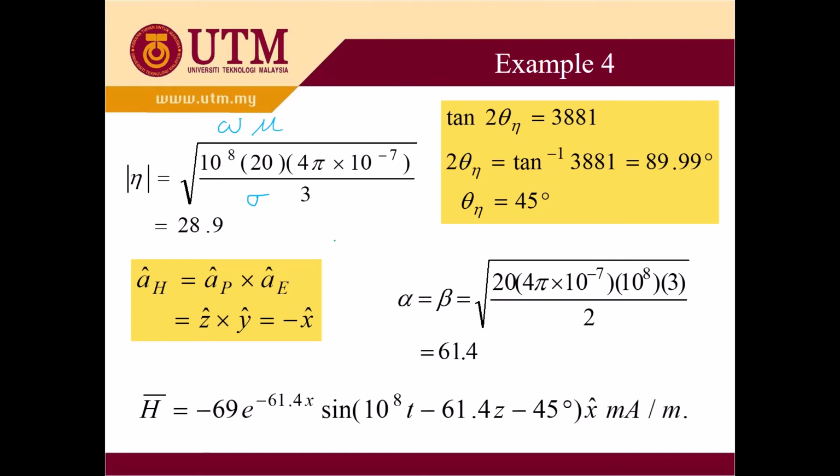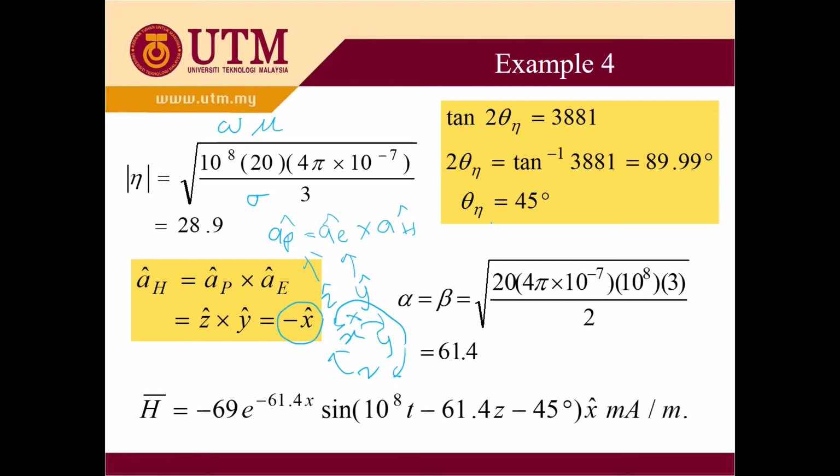And the direction of propagation here is basically aP equal to aE cross aH. We know that E is Y and aP is Z. So this is X, Y, Z as usual. This is the rotation sequence. So Z equals Y cross minus X, because of this sequence. So basically the answer is minus X.